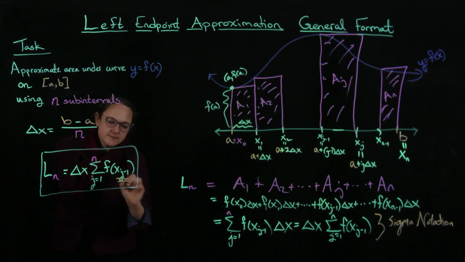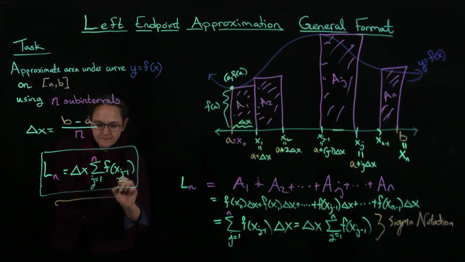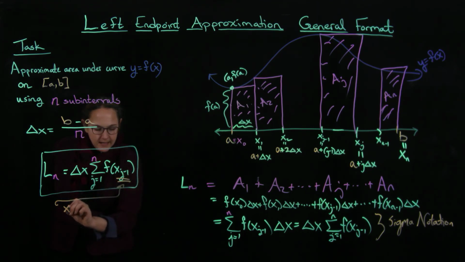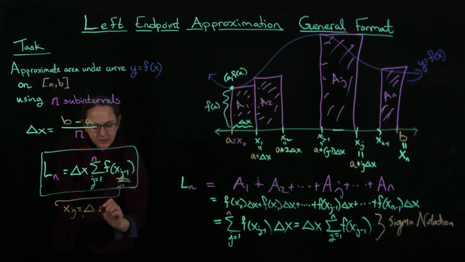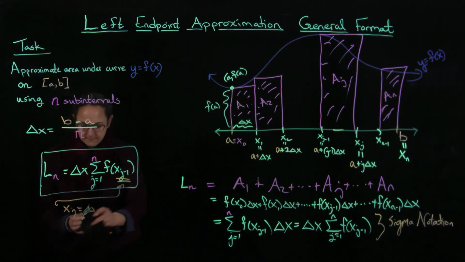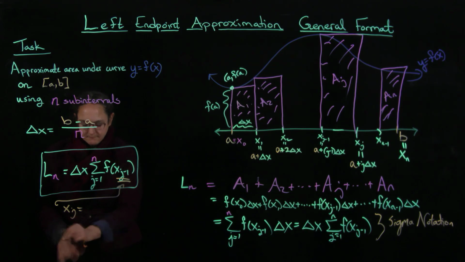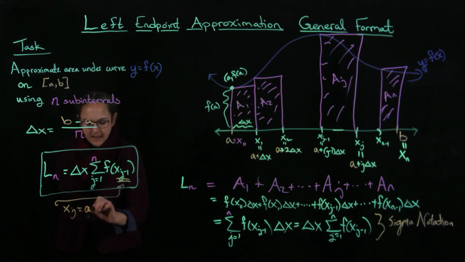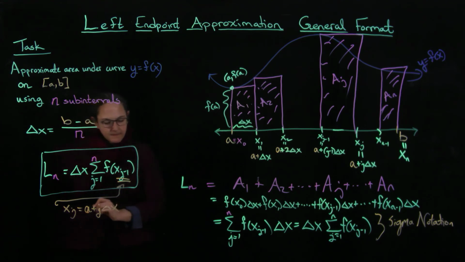So what are these? x_j is going to equal, as you would have seen from over there, a plus j times delta x, okay?